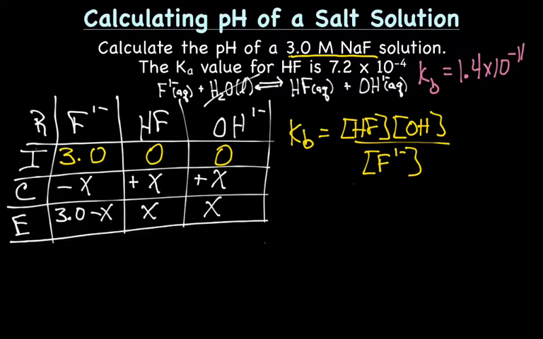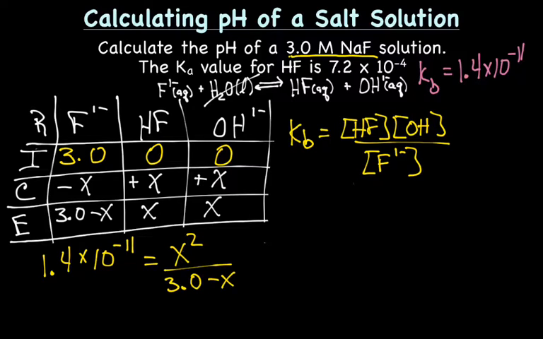So that gives us 1.4 times 10 to the negative 11 equals the concentration of HF, which is X, and the concentration of OH, which is also X, so it gives us X squared over 3.0 minus X. We can assume for now, although we do need to check, that this X is so very small that it can be ignored. So we'll ignore that.